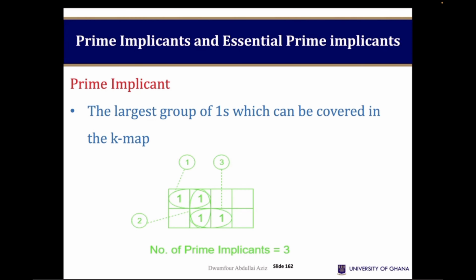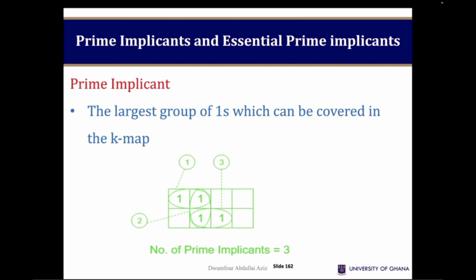But as far as the essential prime implicants are concerned, if you look at all these prime implicants, you realize that we have one group that has completely been consumed by other groups, even though it is also a group.